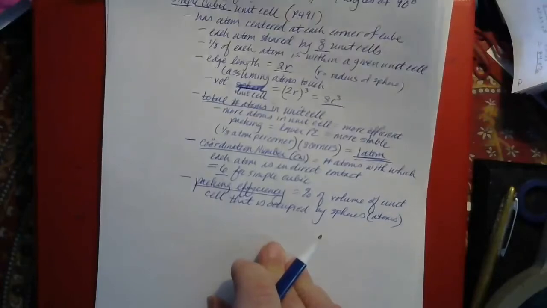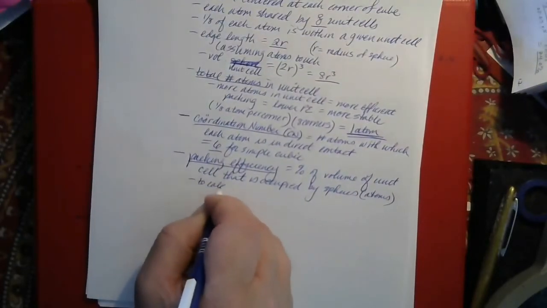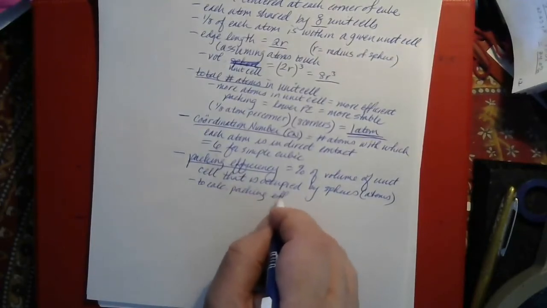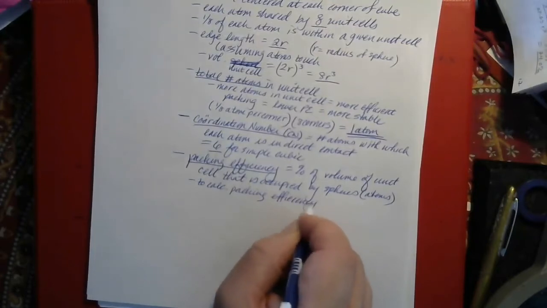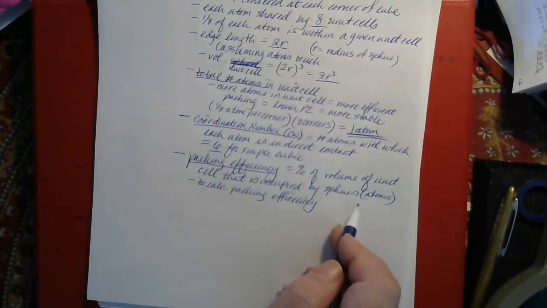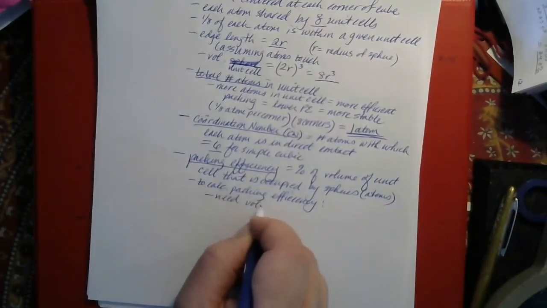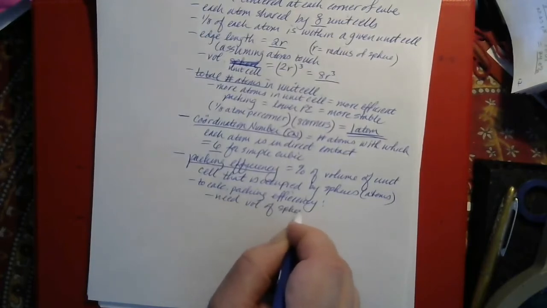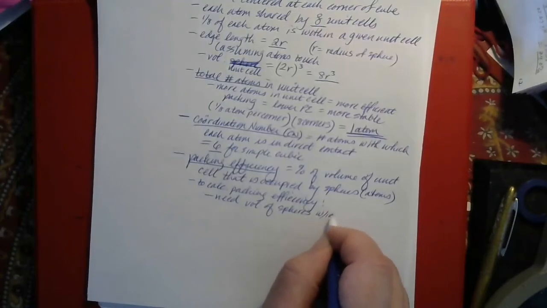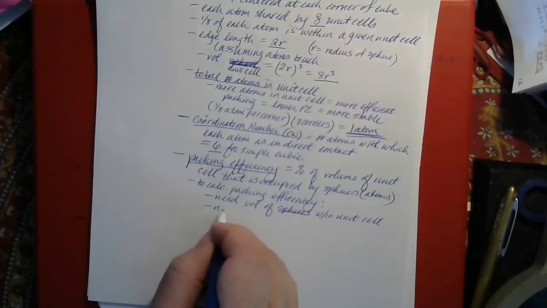Okay, so to calculate the packing efficiency of a cubic unit cell, you need the volume of the spheres within the unit cell, and you need the total volume of the unit cell.